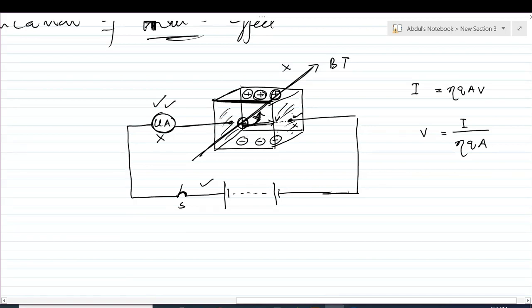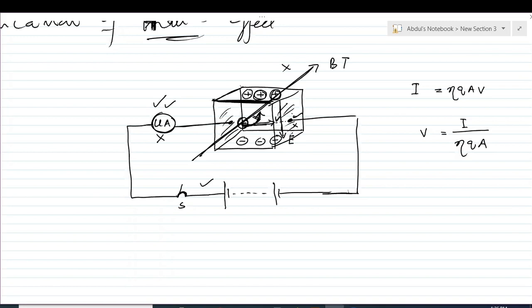And due to stationary charges at the top and stationary charges at the bottom, an electric field is developed from bottom to top with electric field strength, suppose E. So when a magnetic field is placed perpendicular to the direction of the current, an electric field is produced with the help of the magnetic field.